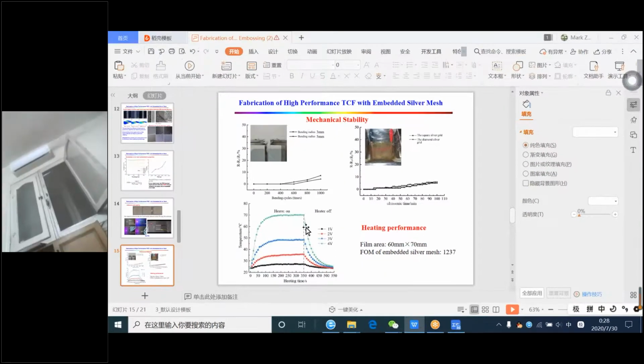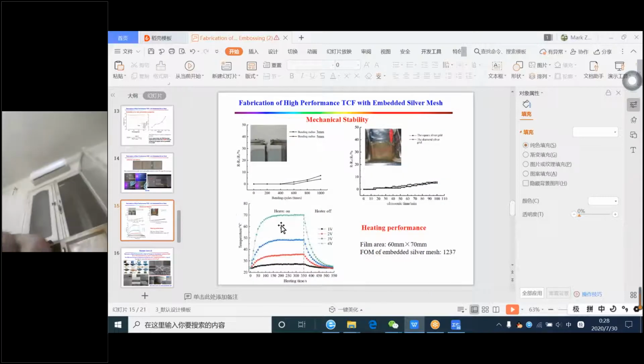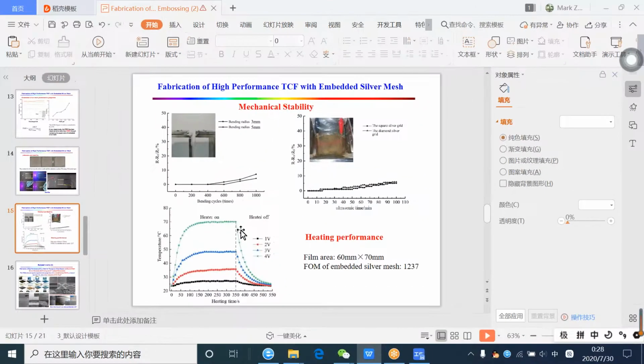The temperature can reach 70. All these test results show that the fabricated TCF has good performance.